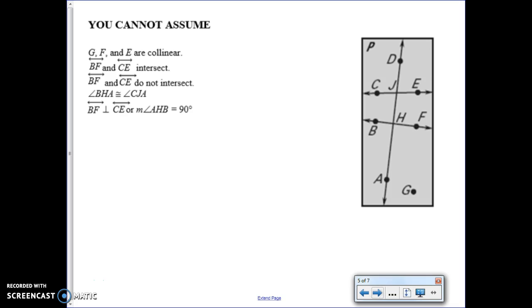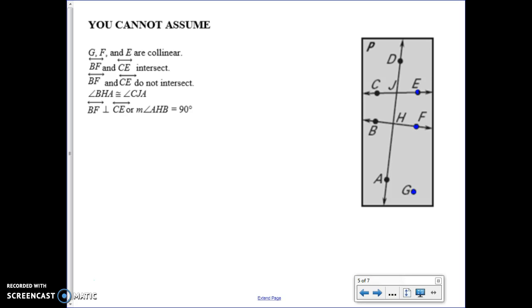Things we cannot assume. G, F, and E are collinear. It looks like they might line up, but we can't assume that. We don't know that. The next two go together. We can't assume that BF and CE are going to intersect. We also can't assume that they're not going to intersect. We just don't know what's happening outside of this picture.